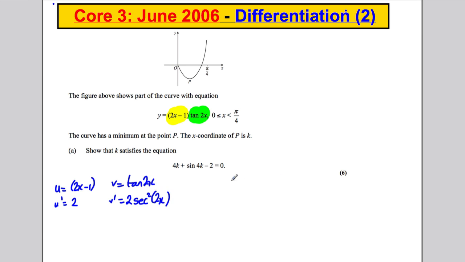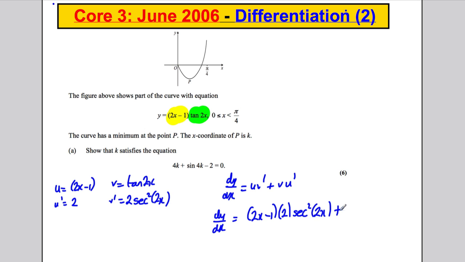And we use dy by dx is equal to uv dash plus vu dash. And therefore dy by dx is equal to 2x subtract 1 times v dash, which would be 2 sec squared 2x, plus vu dash, which is tan 2x times 2.